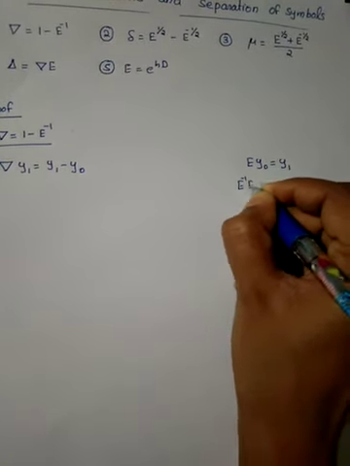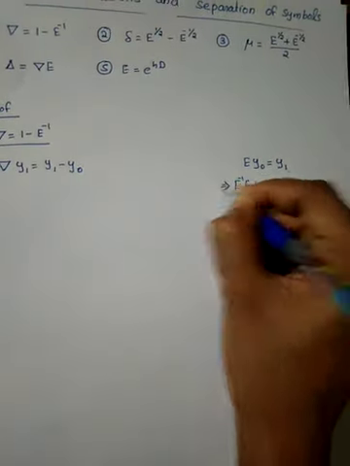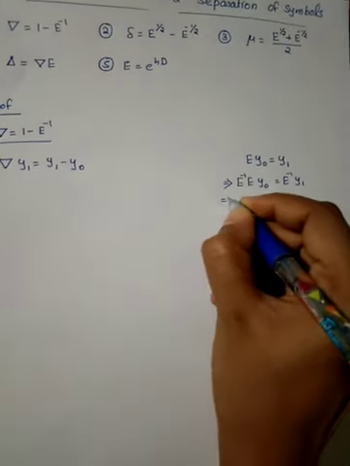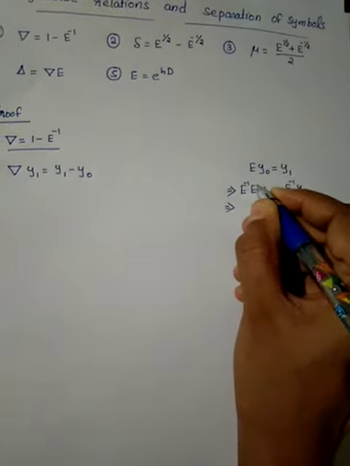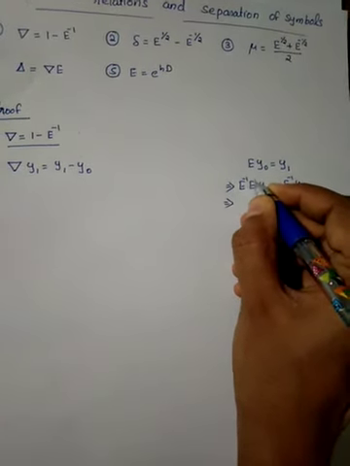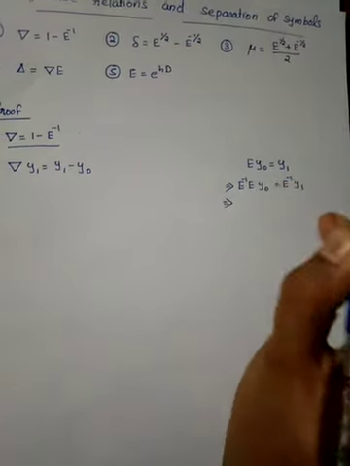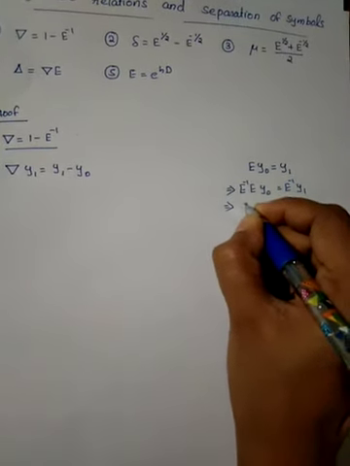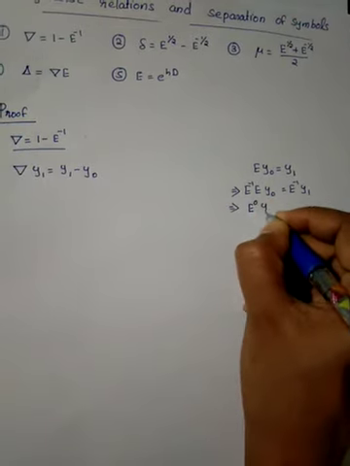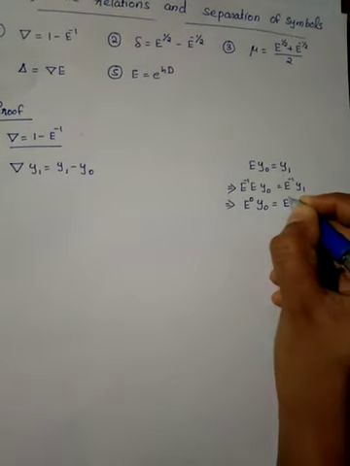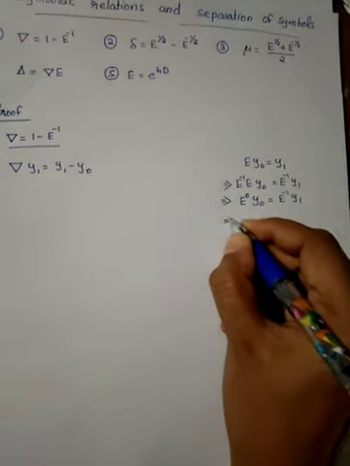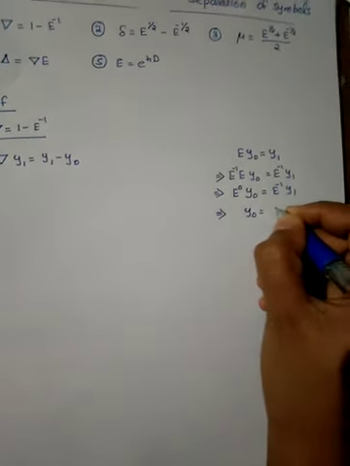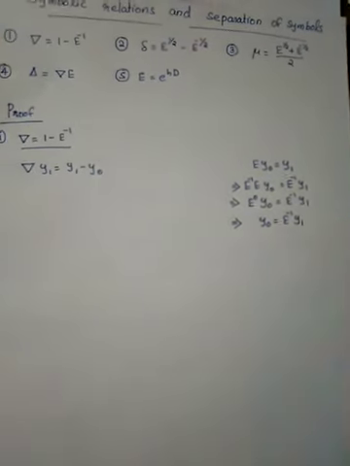E inverse Ey0 equal to E inverse y1. E raised to minus 1 plus 1, that's equal to E raised to 0 y0, that's equal to E raised to minus 1 y1, which implies E raised to 0 equal to 1. So y0 equal to E inverse y1.